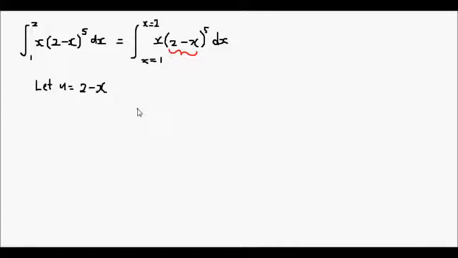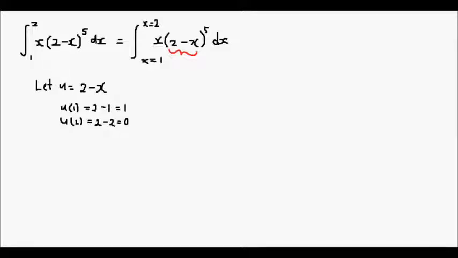So we're going to have to redefine our bounds as well. We're going from the bounds of x equals 1 to x equals 2. Now u is a function of x, so when x equals 1, u is equal to 2 minus 1, which equals 1. And when x equals 2, u is equal to 2 minus 2, which equals 0.